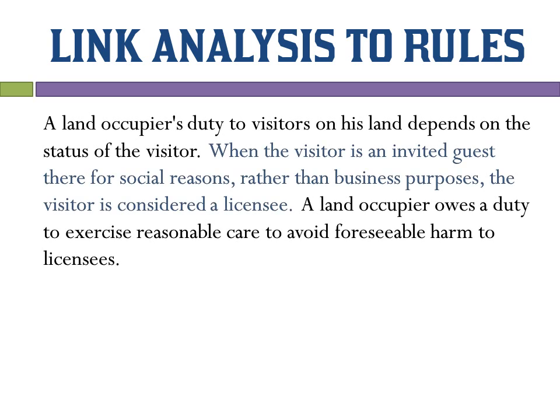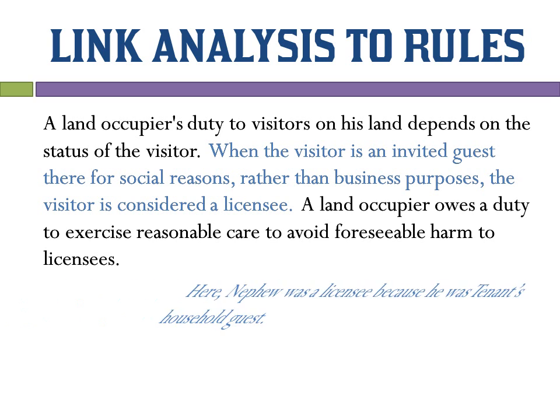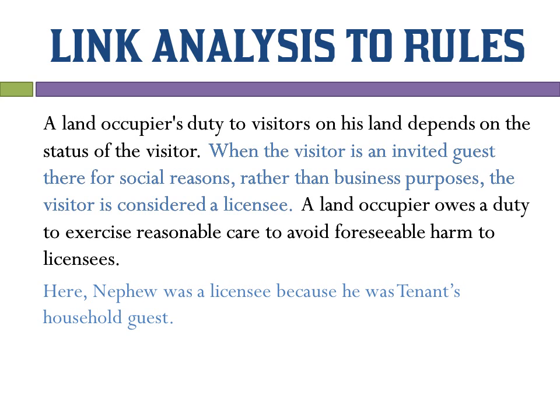Then the next part says, when the visitor is an invited guest there for social reasons, the visitor is considered a licensee. So it might be a good idea for your first sentence of analysis to explain why you think nephew is a licensee. Boom, here, nephew was a licensee because he was tenant's household guest.